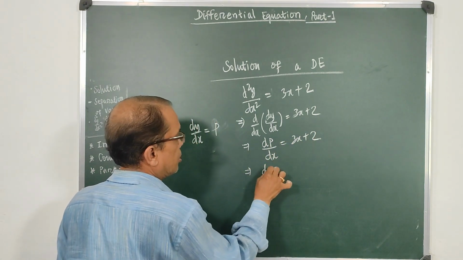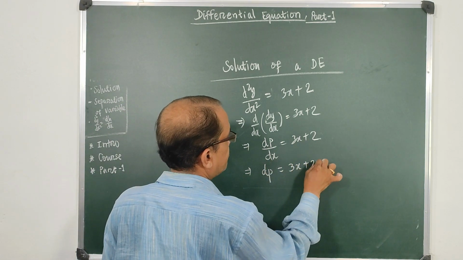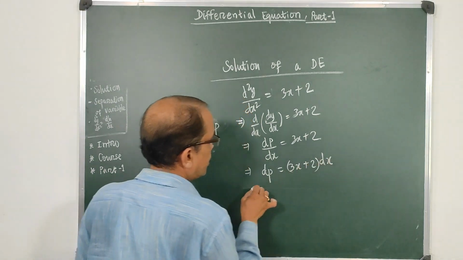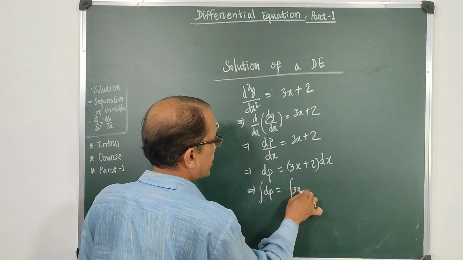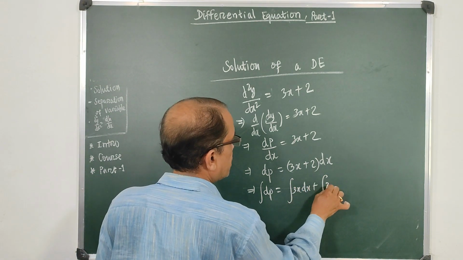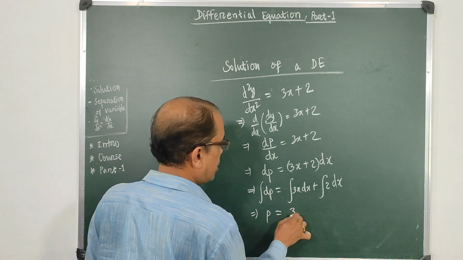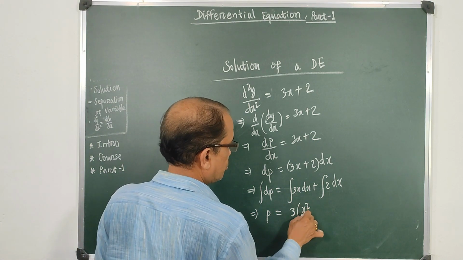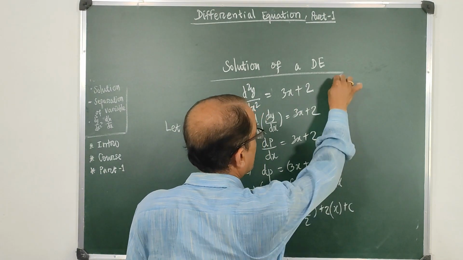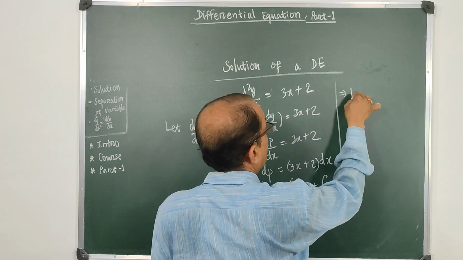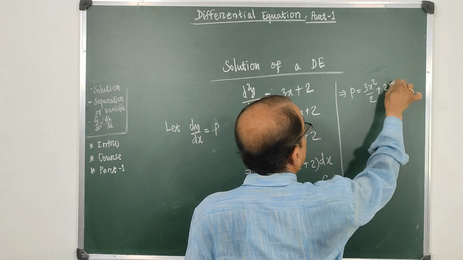That means dp will be, multiplying them so that the variables are separated, (3x plus 2) dx. Now integrate both the sides. Integration of dp is equal to integration of 3x dx plus integration of 2 dx. That means p is equal to 3 into x square by 2 plus 2 into x plus c, so p is equal to 3x square by 2 plus 2x plus c.